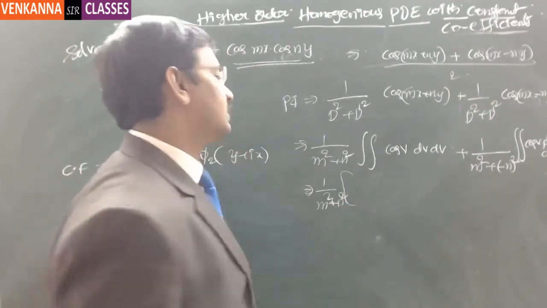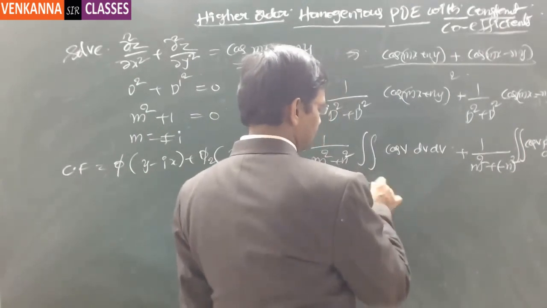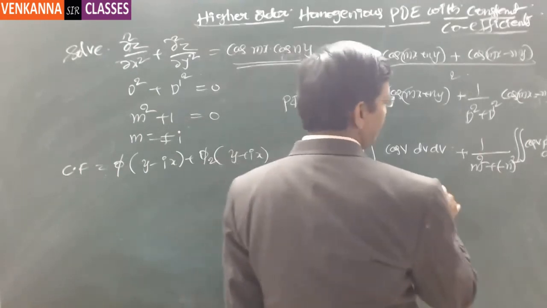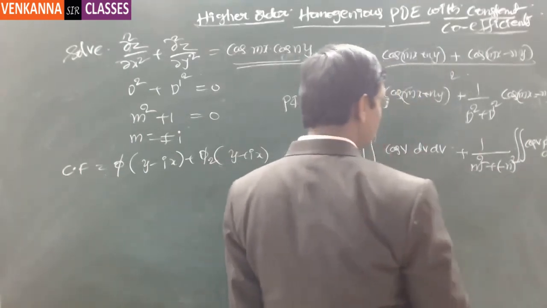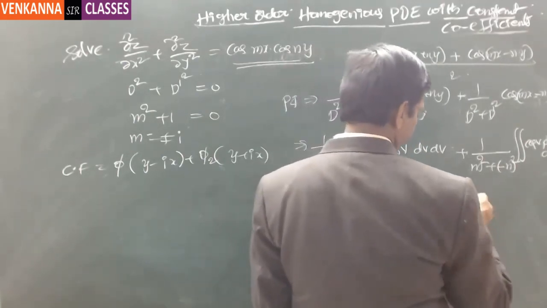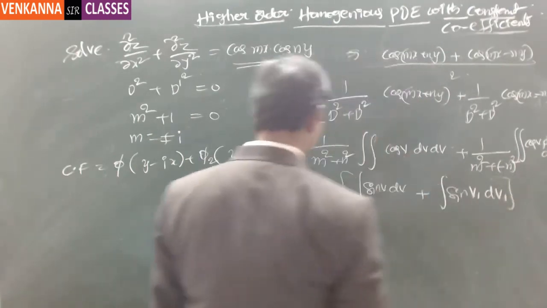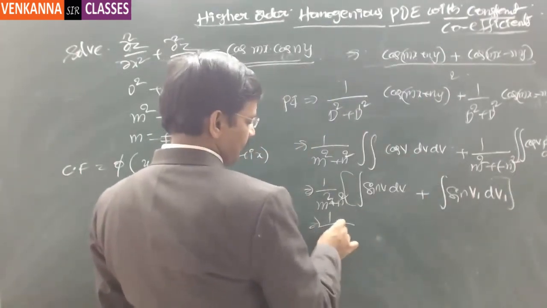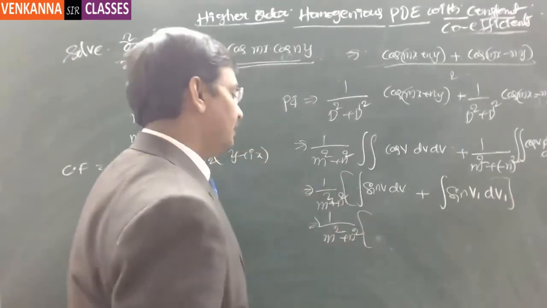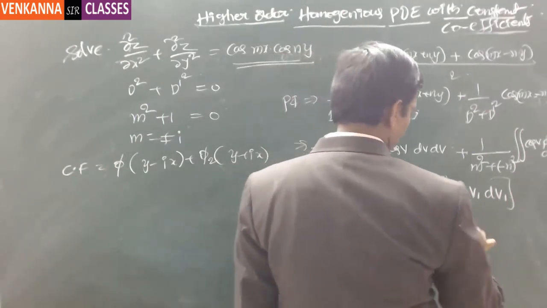The integral of cos is sin, so the integral of cos v dv is sin v, and integrate it again. Similarly, here also the integral of cos v1 is sin v1, integrate again. So this is 1 by (m square plus n square), and then the integral of sin is minus cos. So minus cos v minus cos v1.